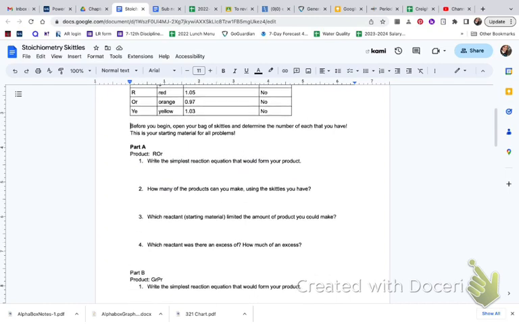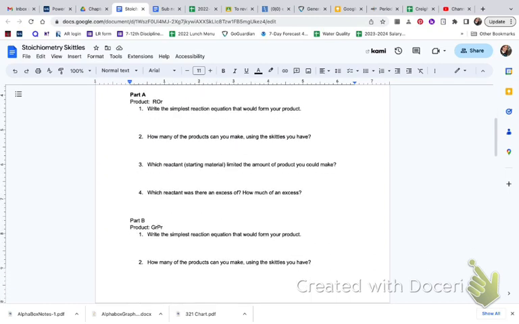So let's look at this first problem right here. Simplest equation. To begin with, we did this when we tried the lab the first time. You're just going to write your simplest form of the balanced equation that you can. So in this one, we know we have to have red and we have to have orange, and the end product has to be red-orange, the compound.